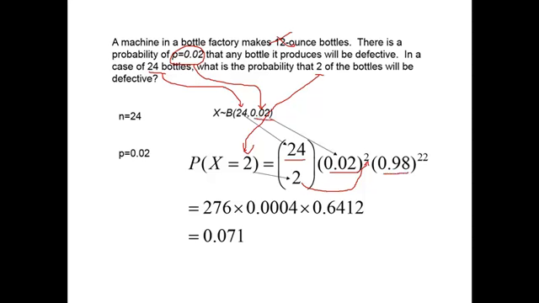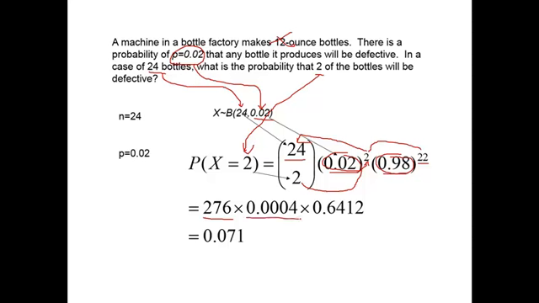This 0.98 is 1 minus P, and the 22 is 24 minus 2. So notice this number and this number will always add up to this number. This number and this number will always add up to 1. So 24 choose 2 is 276.